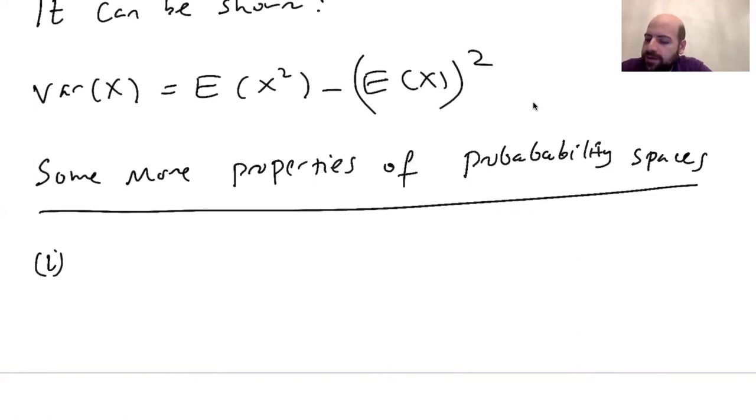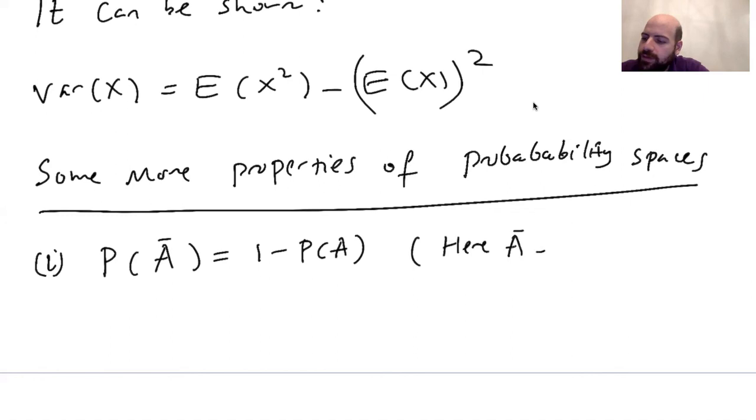So one is that the probability of A complement is 1 minus the probability of A. Here, A complement, or A^C, is the complement of A.